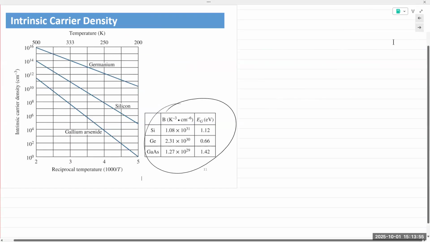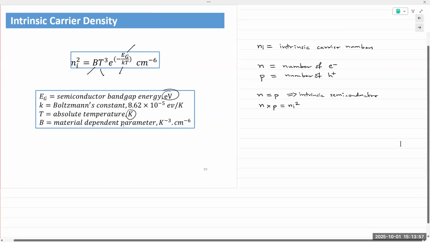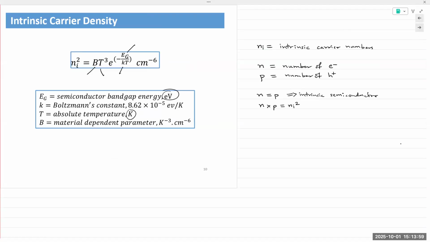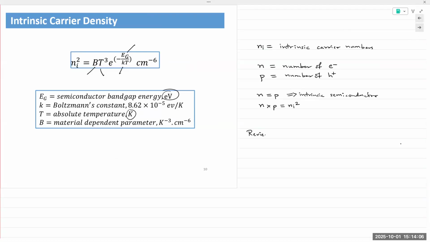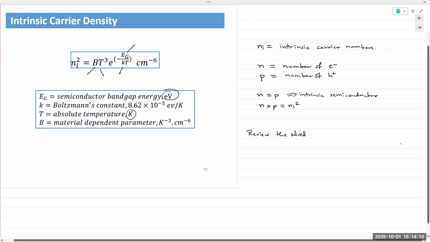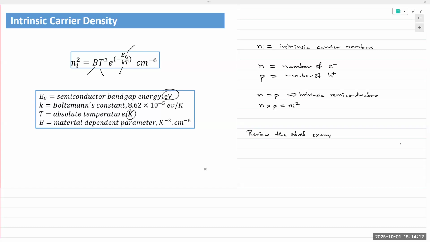So there is a solved example in the book, and I'm going to ask students to review the solved example. For the most part, this is straightforward.